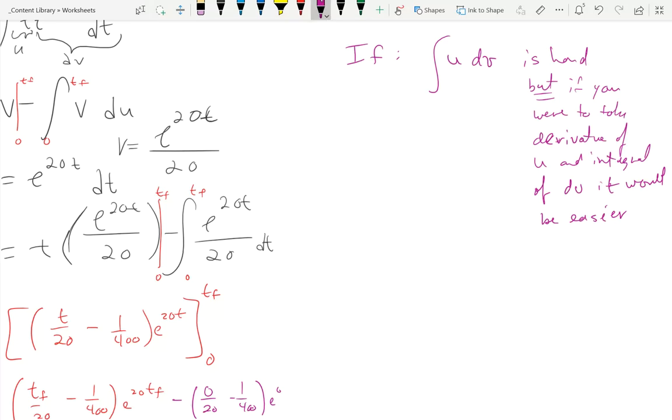Yes, that's a v and I wrote it like a u. Okay, so you have this. If that's hard, but it would be easier. So it's not always useful. It's got to make it easier for you.